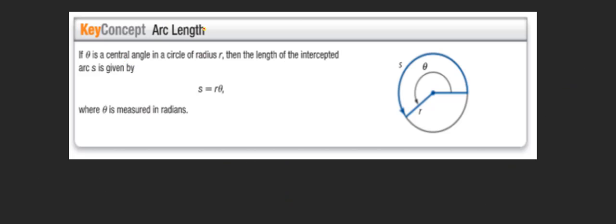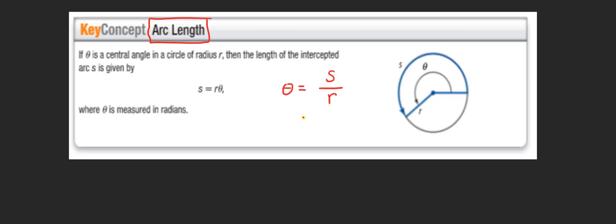Now we're going to talk about how to find the arc length. Earlier we talked about the central angle theta equals s over r, where s is the length of the intercepted arc and r is the radius.